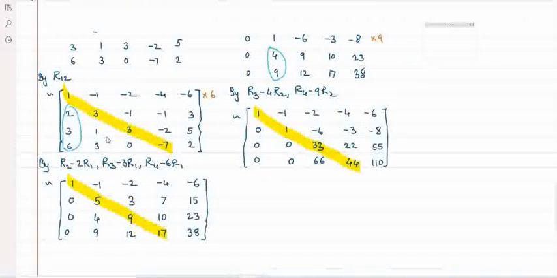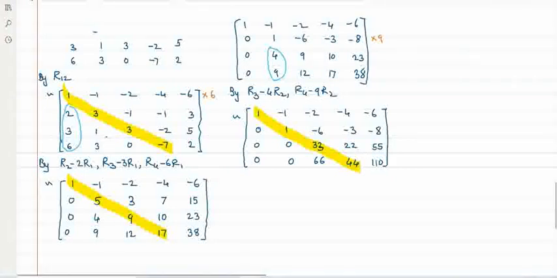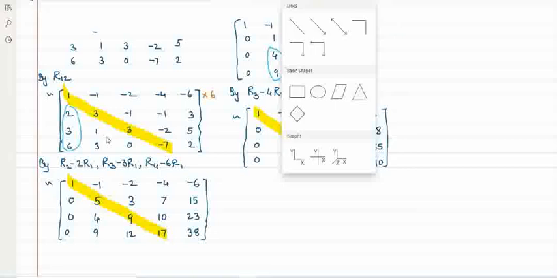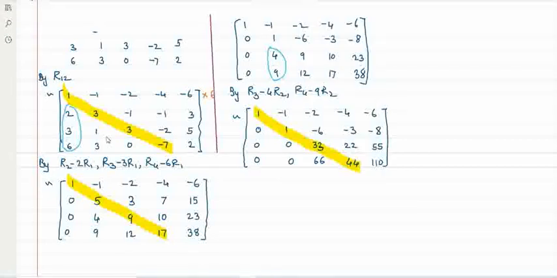What is the first row here? 1. Something is wrong here. 1, minus 1, minus 2, minus 4, minus 6. This is the matrix. Okay. What is the transformation you have done? 1 by 11 into R2.